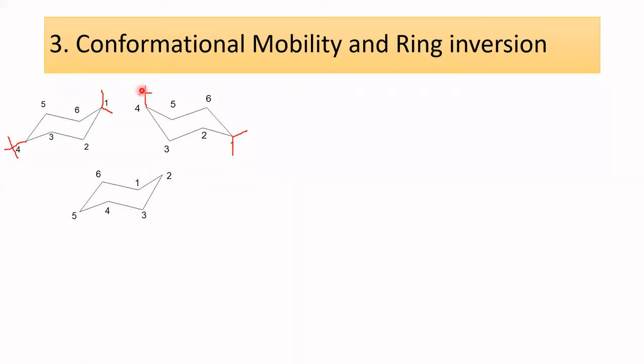And when it changes from equatorial to axial, it will have the 1,3 diaxial interaction with any axial substituent present at the second and the sixth carbon, and because of that it is not stable. So this compound will remain stable in this conformation only.